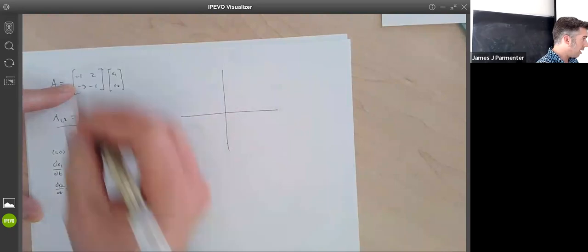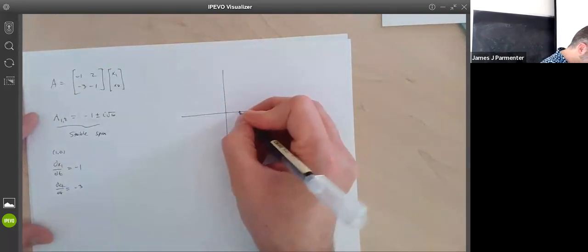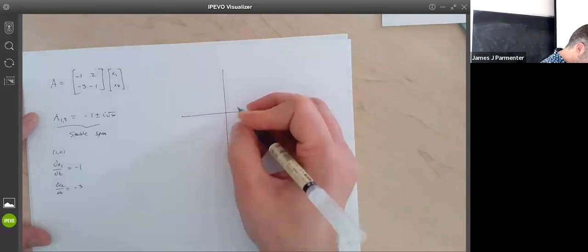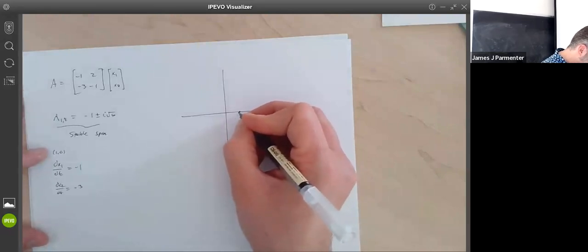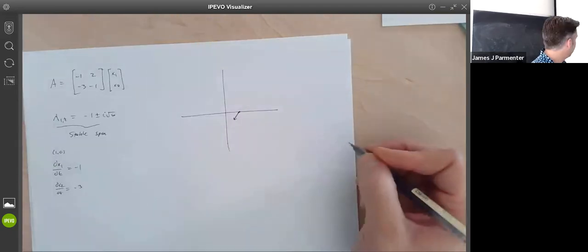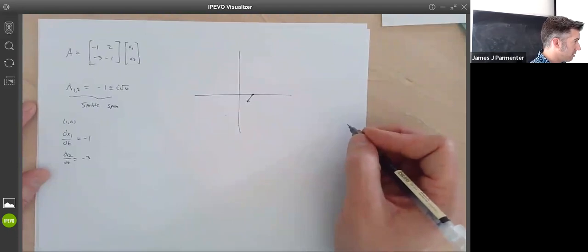So I'm going left and down, apologies. At this point here, I'm going left and down, and more down than left. So I'm pretty confident I'm going to have clockwise spiraling here.